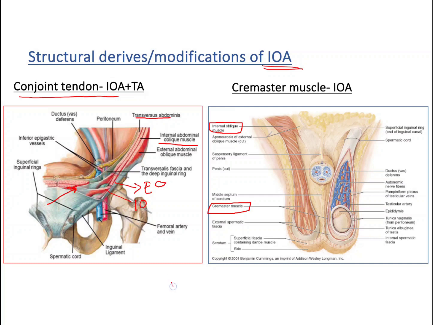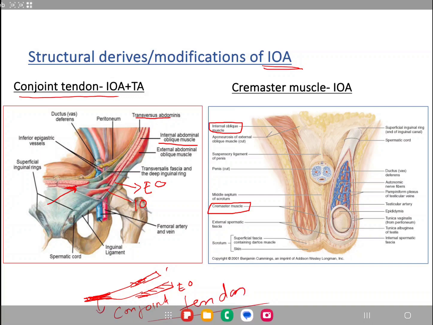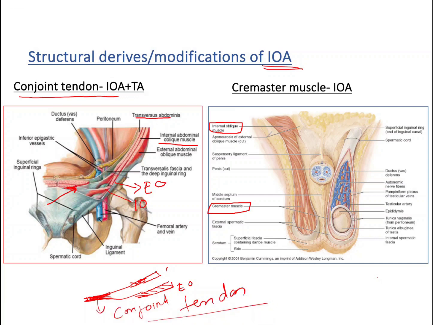When it goes for insertion, these two muscles fuse to a single layer. That is known as the conjoint tendon. So the conjoint tendon is the combination of the aponeuroses of internal oblique and transverse abdominis.